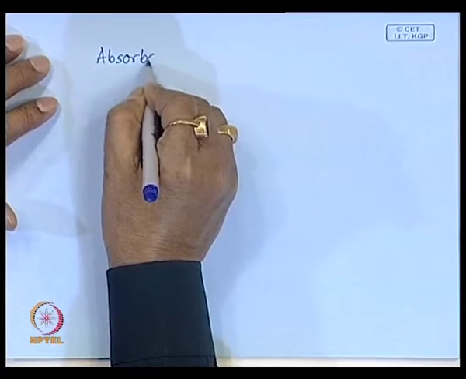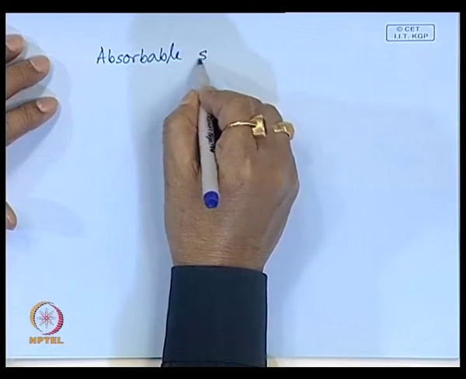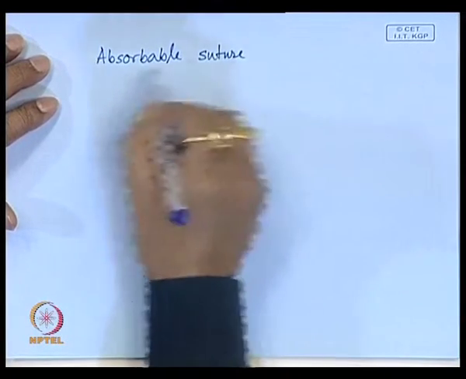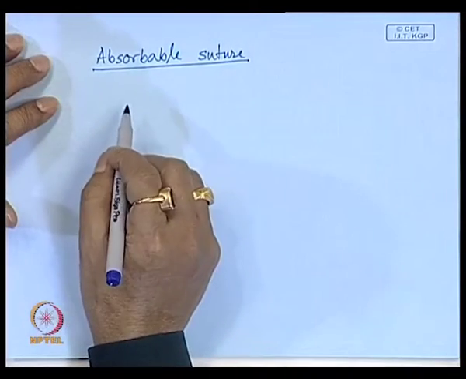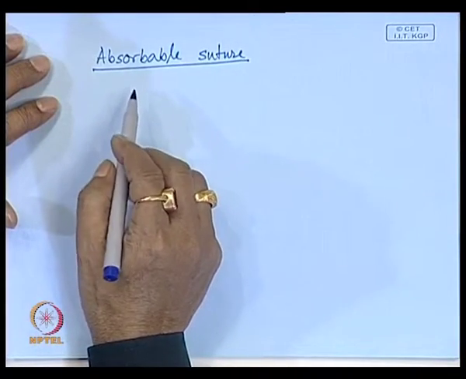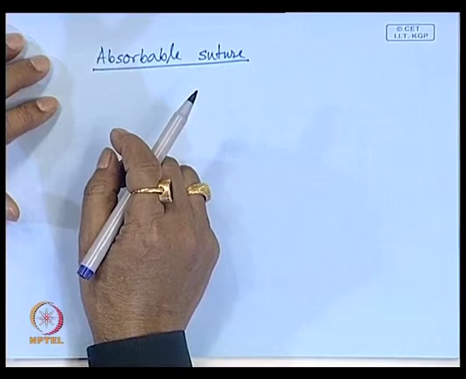Now, there are certain requirements in the biomedical field where we need to degrade the polymer, say absorbable suture, suture thread, or biodegradable suture.